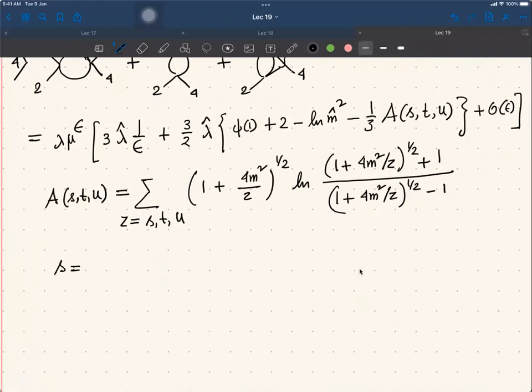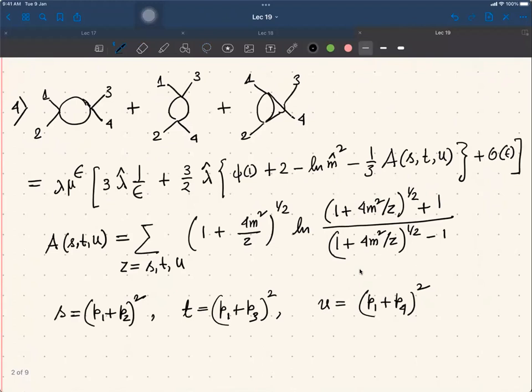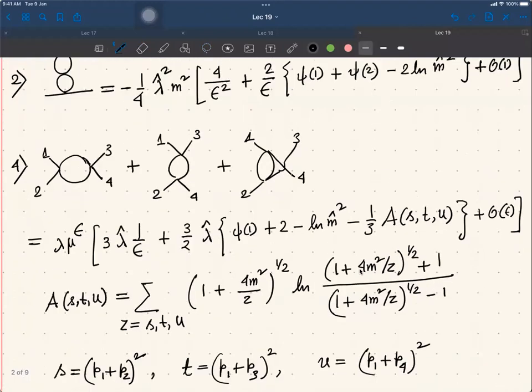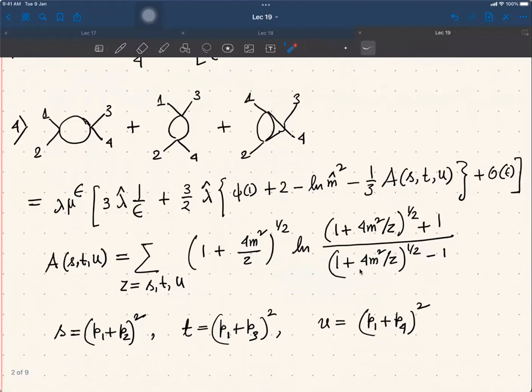Where S is (P1 plus P2) whole square, T is (P1 plus P3) whole square, and U is (P1 plus P4) whole square. So these are usually called the S, T, and U channels, because the total incoming momentum in this case is P1 plus P2, in this case P1 plus P3, in this case P1 plus P4.